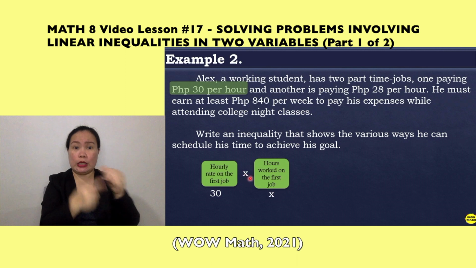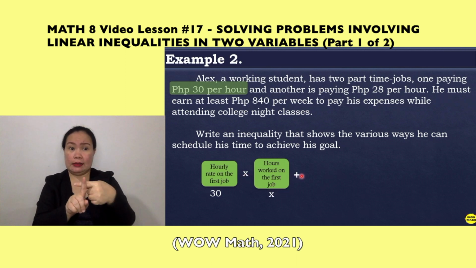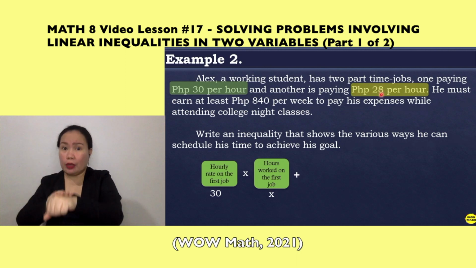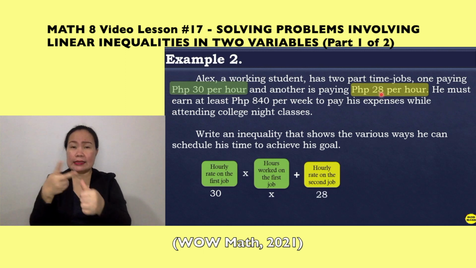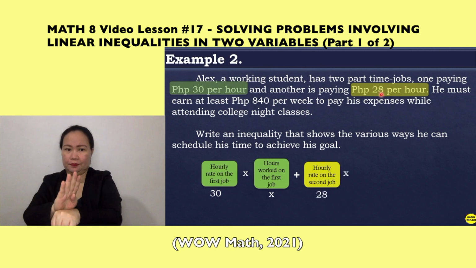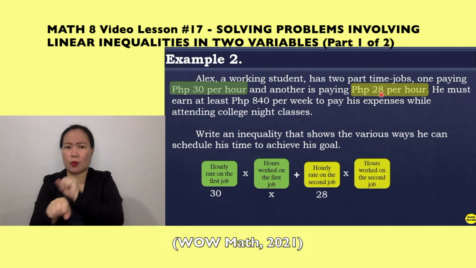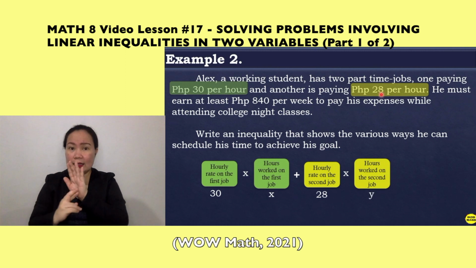Ito po, multiply ha. And then next, ipa-plus natin siya doon sa 28 pesos per hour dun sa second job niya. So, ito yung rate niya doon sa second job. Okay? Ita-times naman natin ito kung ilang oras siya magtatrabaho doon sa second job niya na i-represent natin as Y.